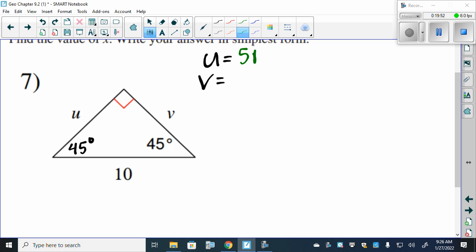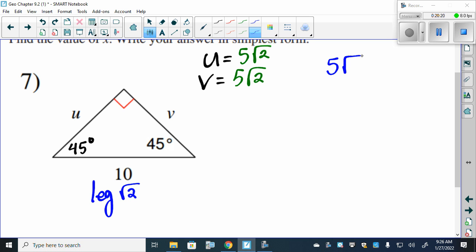Five square root of 2. So how did you get to 5 square root of 2? And added the square root of 2. And let's check it in two different ways. One, if we say that the hypotenuse 10 is the leg times the square root of 2, yes?